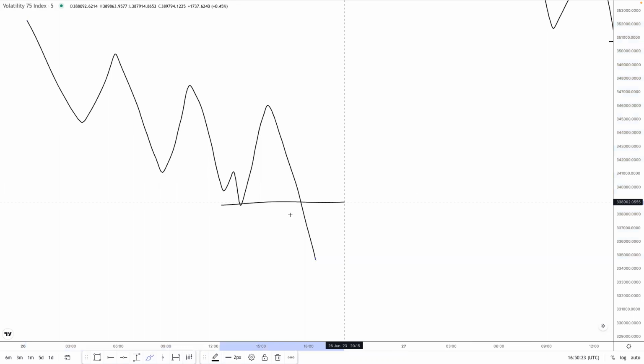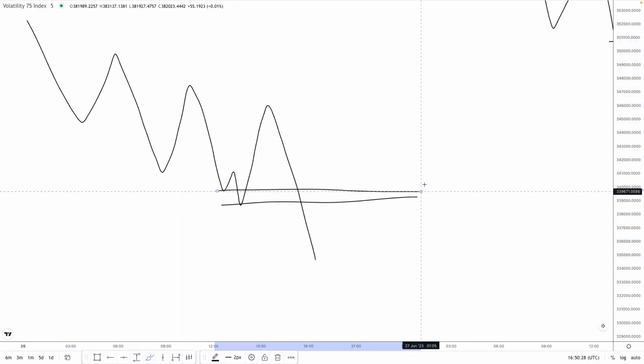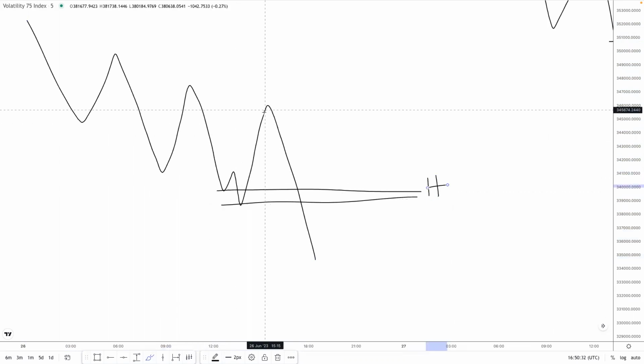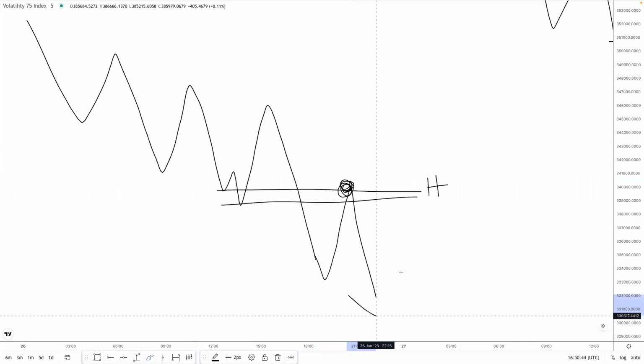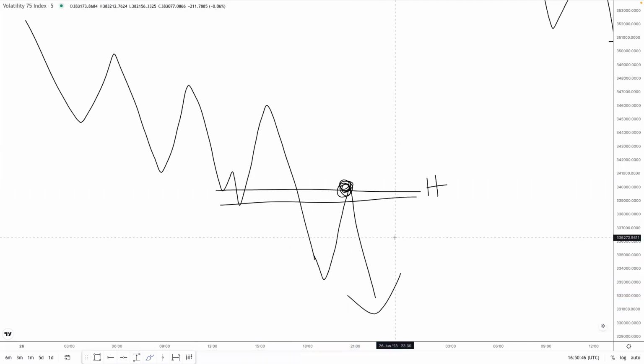After the break of this structure, we can see that we only have one hidden invalidation right here. We don't have two hidden invalidations. We don't have the other structure on this side. That means we will be expecting price to make some highs, respect our hidden invalidation so that we can make more lows.